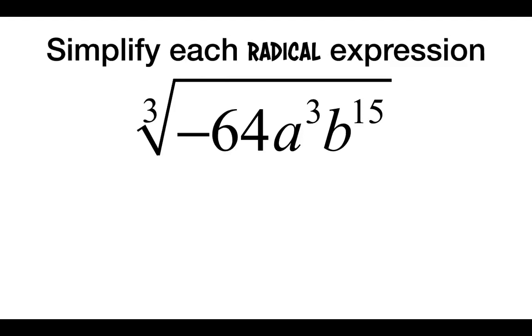Cube root of 64. Well, we know the square root of 64 is 8, but the cube root, hopefully at this point we've learned, is in this case 4, or negative 4, because it's negative 64. Now, a cubed, 3 divided by 3 just leaves us with an a. And b, 15 divided by 3 is 5.